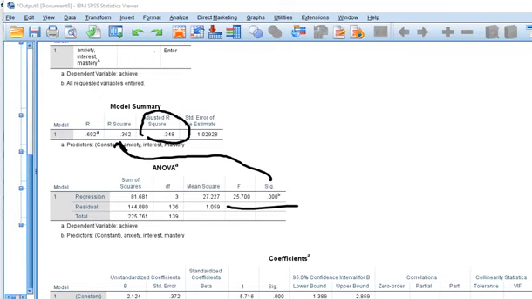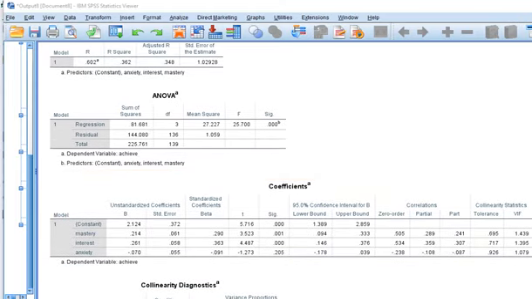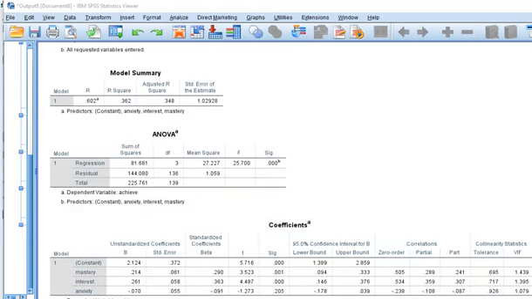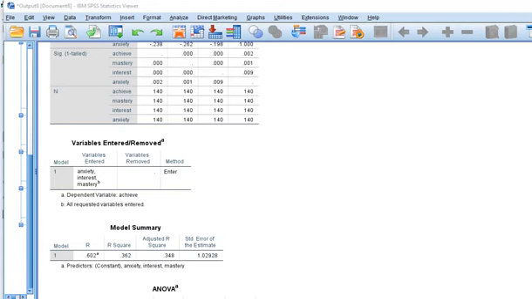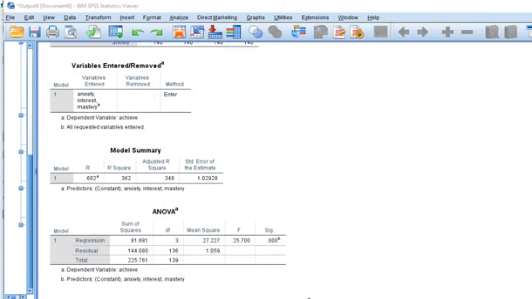So that pretty well concludes this discussion of aspects of simple and multiple regression. It's a long video, but I wanted to make sure that we covered a lot of our bases with respect to running the analyses in SPSS and looking at our data in different ways.